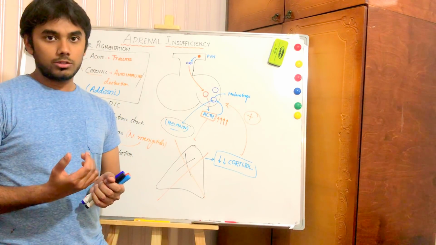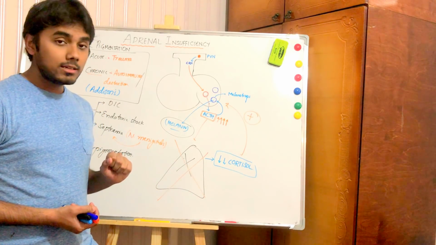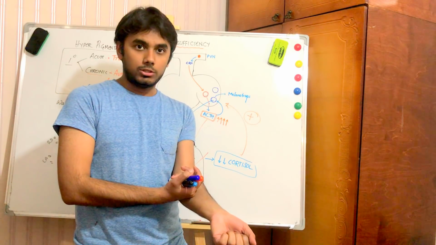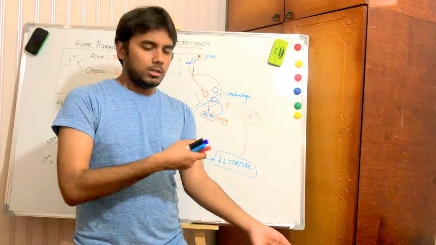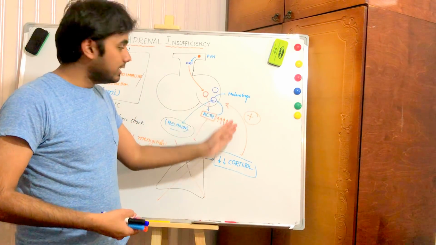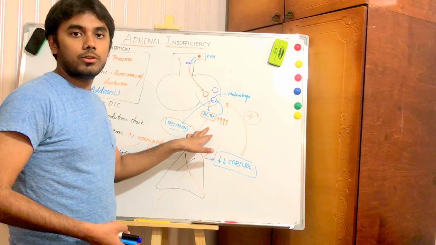When exogenous corticosteroids are given, this causes decreased level of cortisol. Why decreased level of cortisol? Because when you are giving exogenous corticosteroids, the level of cortisol is increased. When the level of cortisol is increased, it causes negative feedback mechanism, causing decreased secretion of ACTH.